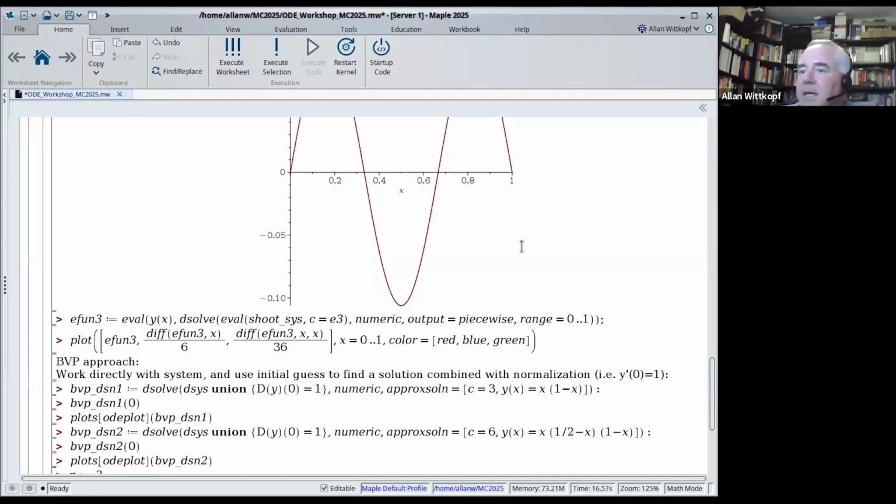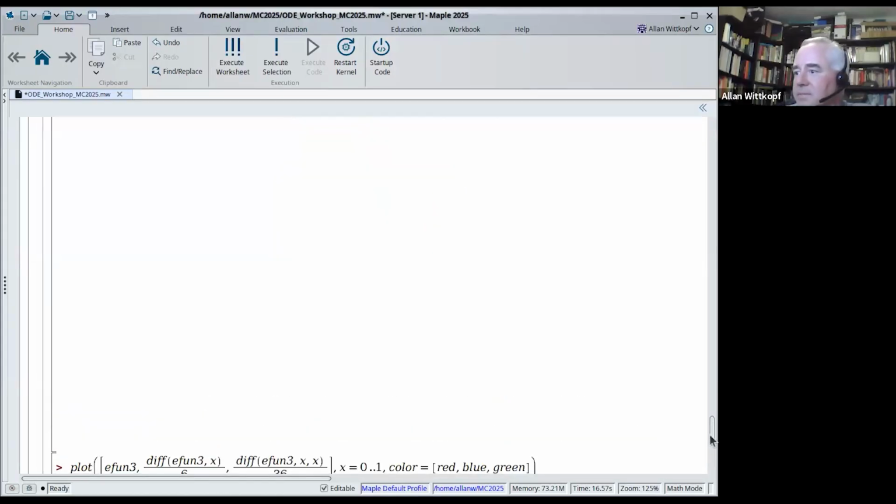So I'm specifying essentially the shooting system with that specific value, calling the dsolve numeric with that, asking for output of a piecewise over the range 0 to 1. And then I'm evaluating y of x with respect to that. What this is going to do is give us a piecewise solution.